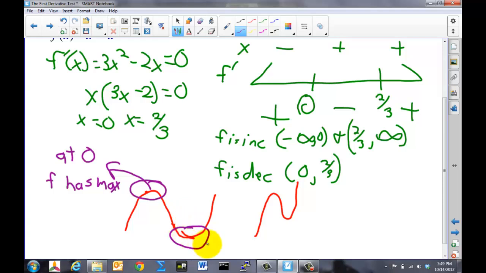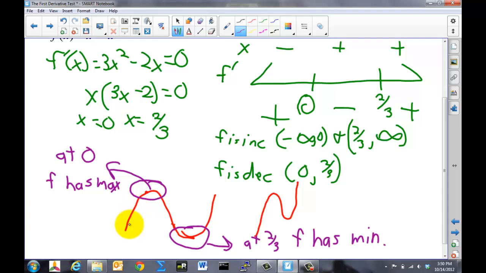And what's happening here? It has a minimum. At 2/3, f has a minimum. And again, it doesn't mean it's the lowest it ever gets, but in that area that's the lowest that it ever gets. So suddenly, by knowing something about whether a function's increasing or decreasing, we know if it has a max or min.